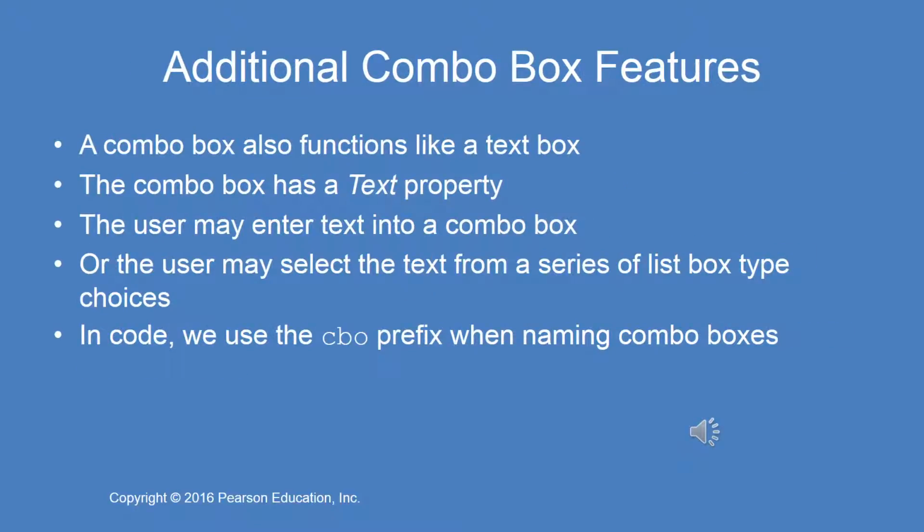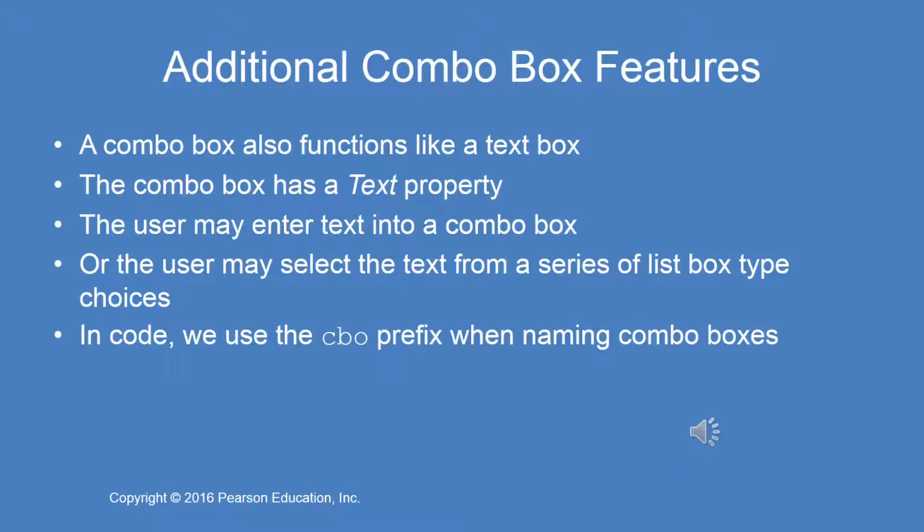Before you go any further in this lecture, you may want to go over to the timeline and see the video I posted of tutorial 5-9, a combo box demo running. It'll help you to understand the additional features a combo box offers over a list box.